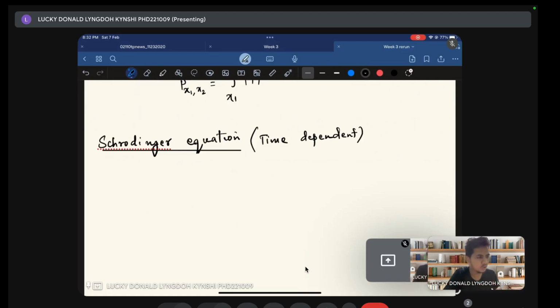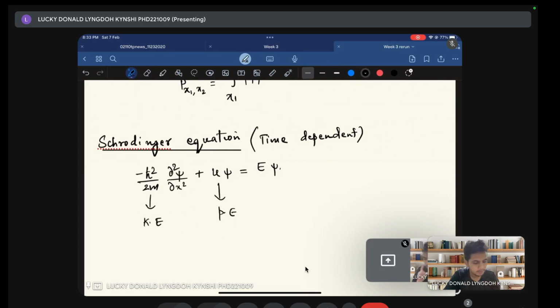And what does the Schrodinger equation look like? It's given by minus h cross squared by 2m, del square psi by del x square, plus U psi is equal to E psi. This first term comes from your kinetic energy, and this one comes from your potential energy.